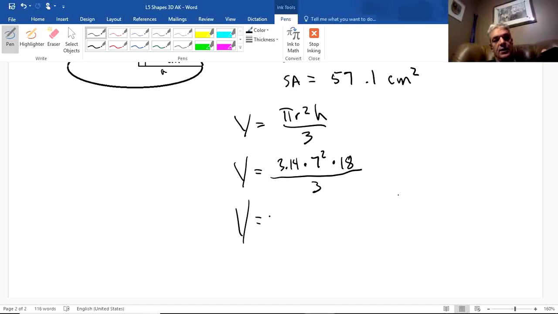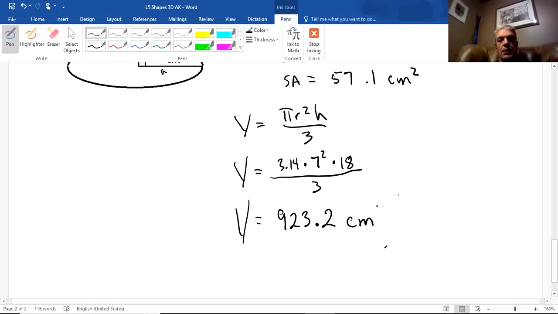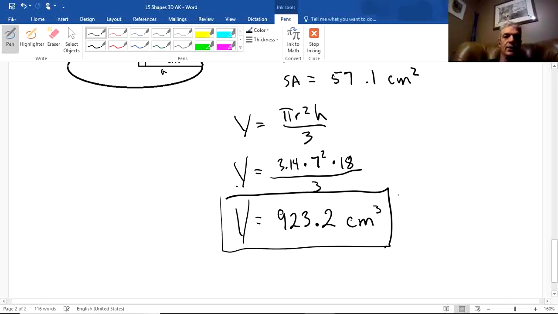Then you divide that by 3, and you get an answer of 923.16. Now, 923.16 can round to 923.2, and that's what I do. I usually do one more decimal place than what's given in the question, and my units are centimeters cubed, okay? I could write them as milliliters, it all depends, okay? And then I box off my answer.